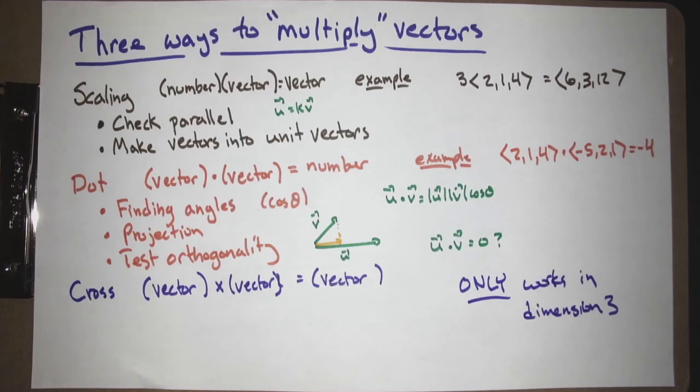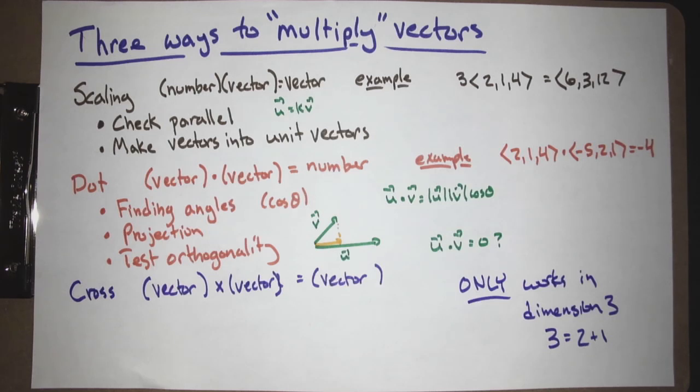It turns out 3 has this really cool property: 3 equals 2 plus 1. And that is why it only works in dimension 3. Now, you might think I'm being silly, but that's actually the truth. The fact that 2 plus 1 adds to 3 is the reason it works in dimension 3, and no other dimension can have anything that works. Okay.